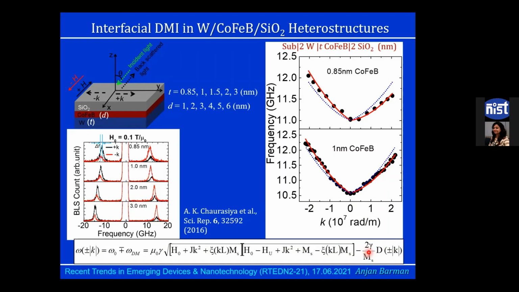Whereas this other term is primarily varying as k squared, so the change of sign of k does not affect it. So we did that, and we have a nice modeling. You can see these red lines are a fit, which also shows the asymmetry, and from here we can find out the value of D.